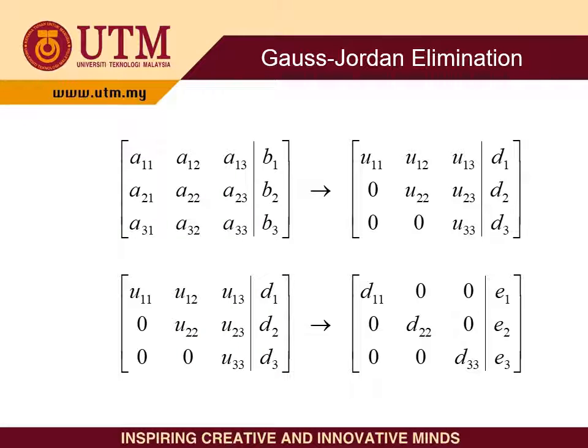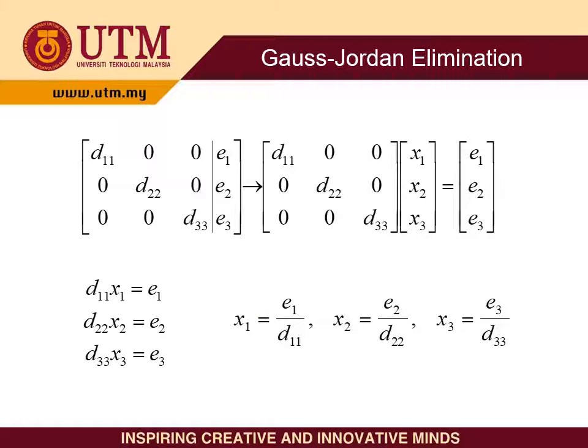We need to change from this matrix first to the row echelon form, and then from the row echelon form we change to the reduced echelon form. After we get the reduced echelon form, we convert back to the equations and calculate the values of the variables, the x.